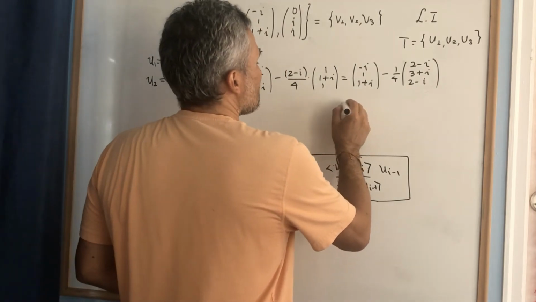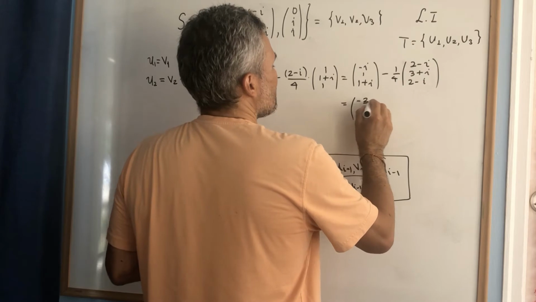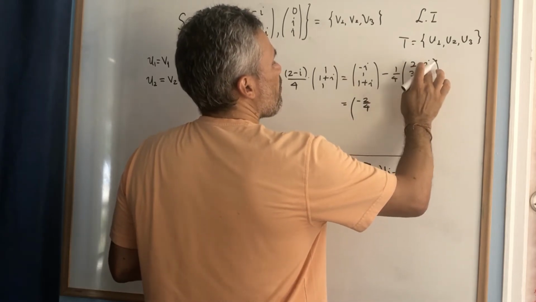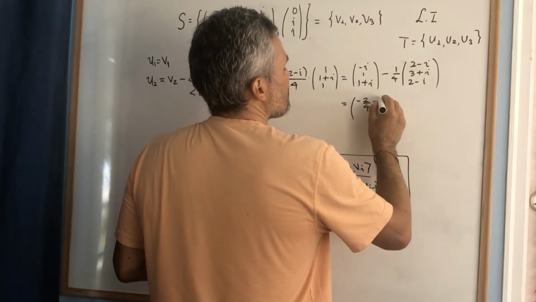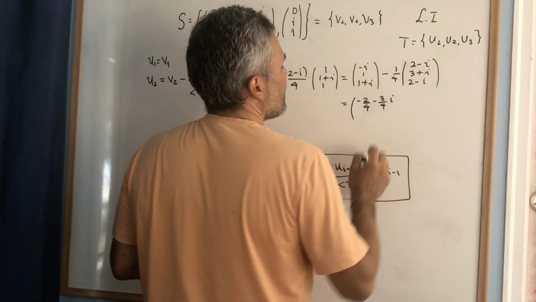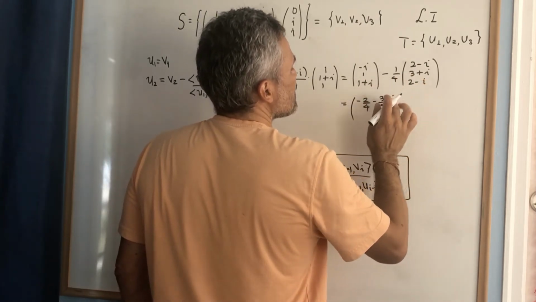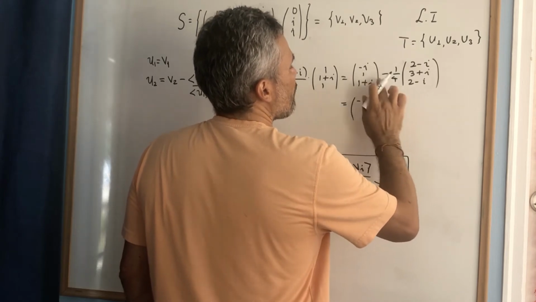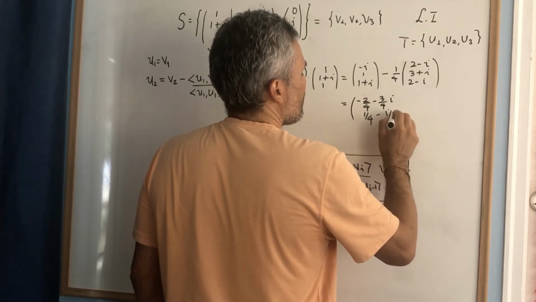Then the first entry is negative 2 quarters. Then, positive 1 quarter minus 1 is minus 3 quarters of i. Here we have 1 minus 3 quarters, which is just 1 quarter, and here we have 1 minus i over 4.